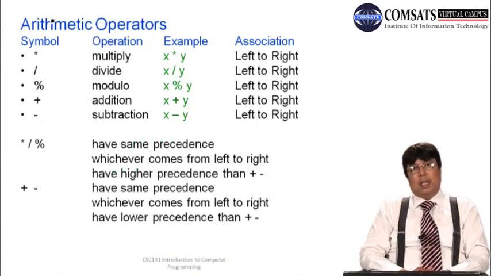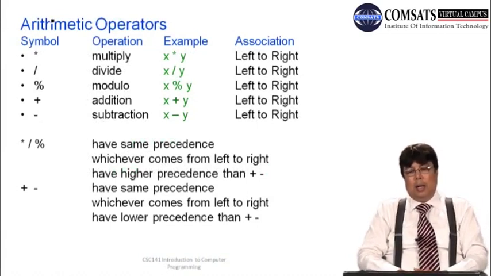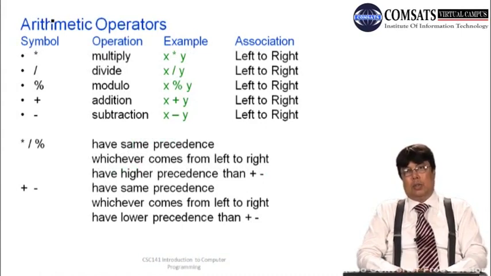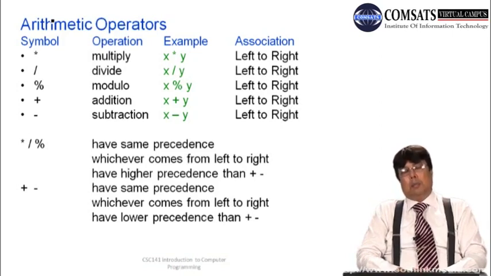So I'll summarize here. We have a multiply, x multiplied by y. Association is from left to right. x को y से मल्टीप्लाई करना है आपने. x divided by y, लेफ्ट टू राइट. x percentage y, it has got a special meaning that I will explain to you later on. इसको हम कहते हैं मॉडुलो, मॉडुलस या मॉडुलो.